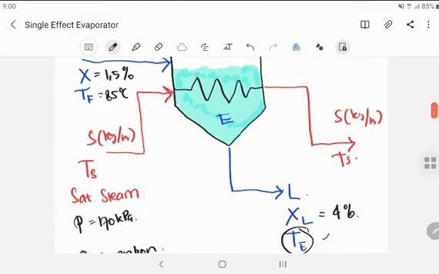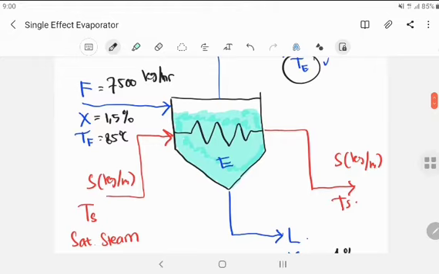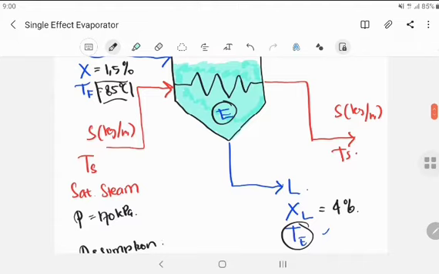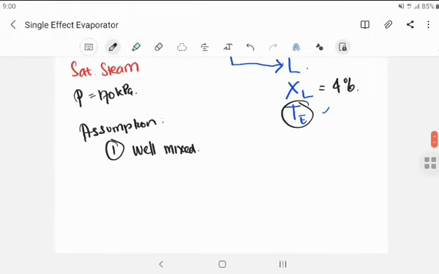The temperature at the outlet of vapor and liquid is the same with the temperature inside the evaporator. So after the feed is contacted with the steam, of course there will be a heat transfer inside, and the temperature will be changed. It won't be the same as the inlet again, but it will increase because it is heated with the saturated steam.